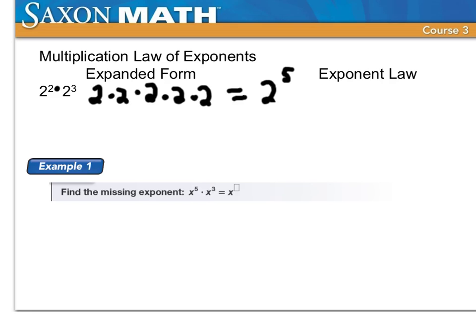So let's look at what we did here. The problem we started with was 2 squared times 2 to the third, and what we ended up with was 2 to the 5th. We took these two exponents, and 2 plus 3 is 5, so we added them together.